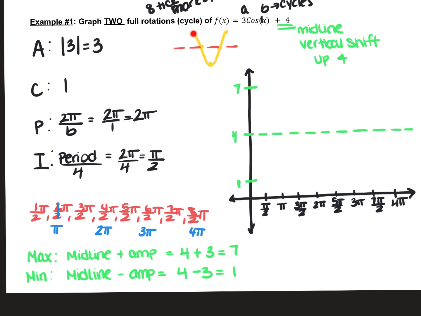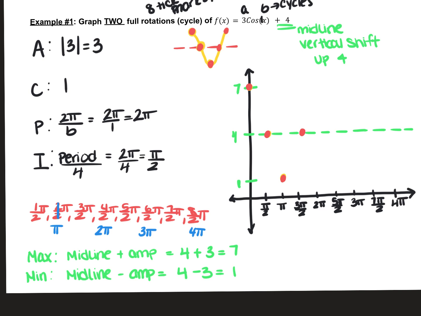My first value of a positive cosine is going to start up at its max, so we've got a max at 7. Then we go to our midline at pi over 2. Then at pi, we're down at 1. So remember, it goes max, midline, min. Then we go back up to the midline and then the max.